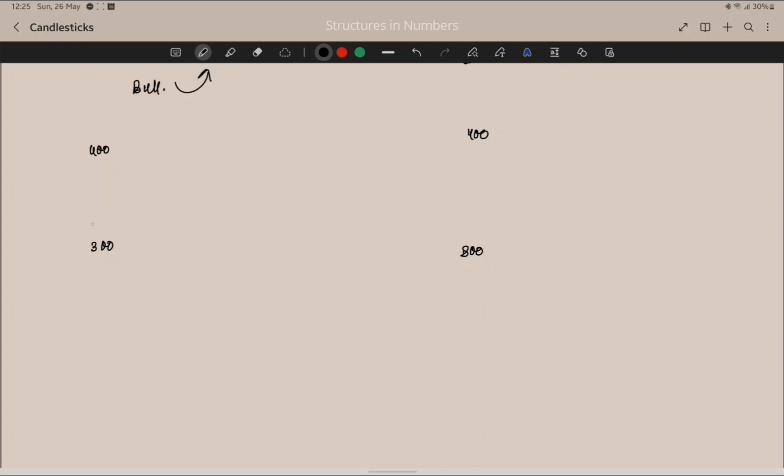So let's say a candlestick started to form at 320 and the price moved up, then went down, touched the 300 level, and then again started to move up, touched the 400 level, and then at almost 1 minute it closed at this price. So let's say at 0 seconds and at 60 seconds, or 1 minute, the price was at this level. So let's say this is 380.